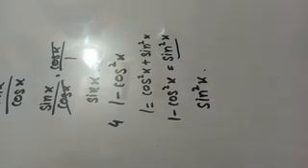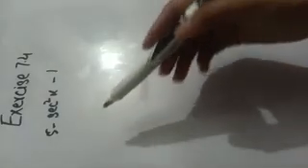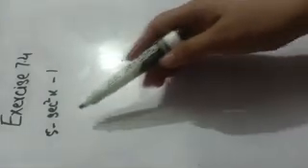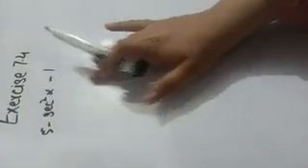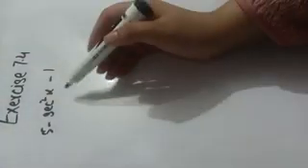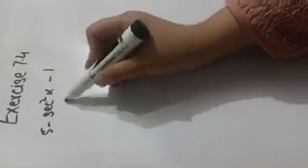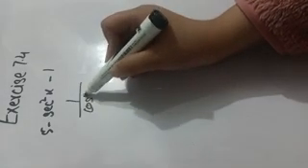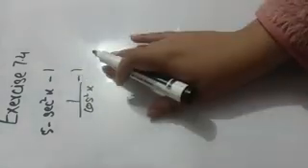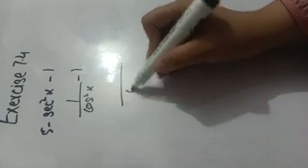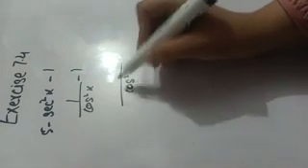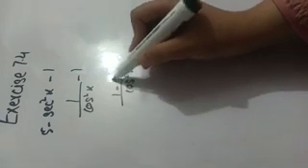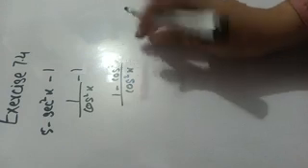Okay, now move on to question number 5. Question number 5 is secant square x over 1 minus 1. Now secant is the inverse of cos, so put the value of cos in it. Now taking the LCM, it will be cos square x over 1 minus cos square x.